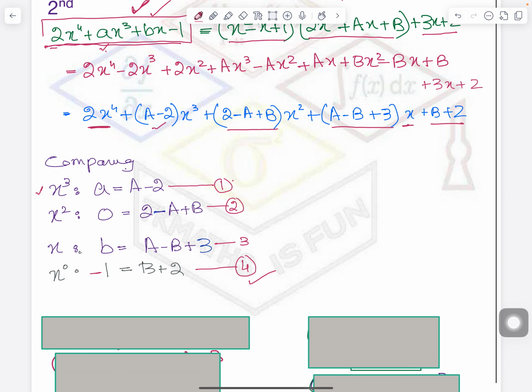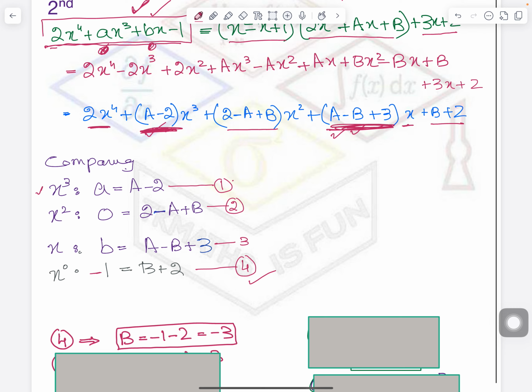The whole target is to find out small a and small b. And small a is equal to this part, and small b is equal to this part, right? Comparing the coefficients, once I have the values of capital A and capital B, I will just plug them in here and here. The values I get will represent small a and small b, right? So this is what I'm going to do now. From equation 4, I have given a reference here of which equation I'm using.